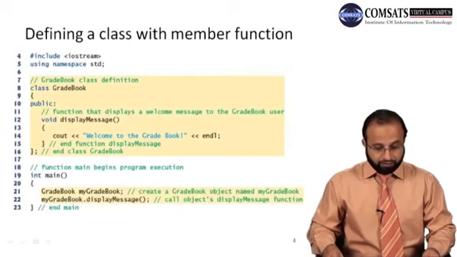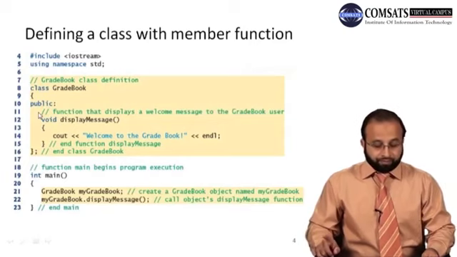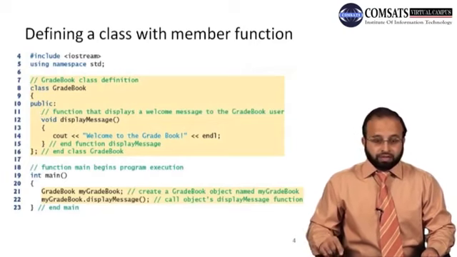So this is the class we have seen last time. Here you can see the class definition starts from line number 8 and ends at line number 16. It starts with the opening curly brace in line number 9 and the closing curly brace at line number 16, followed by a semicolon. There is only one function inside the definition of this class.